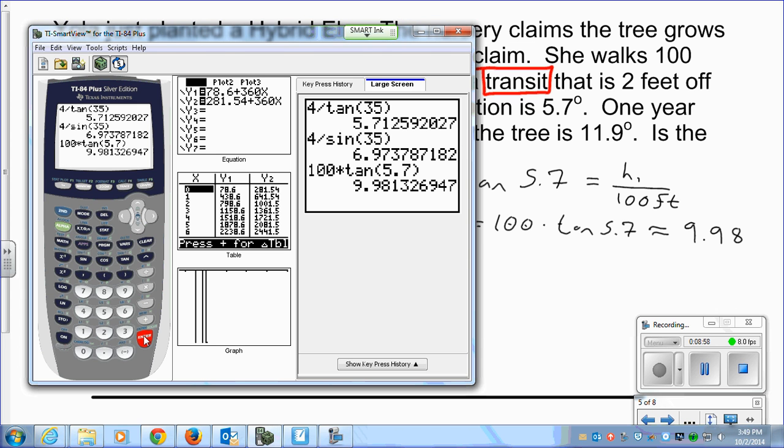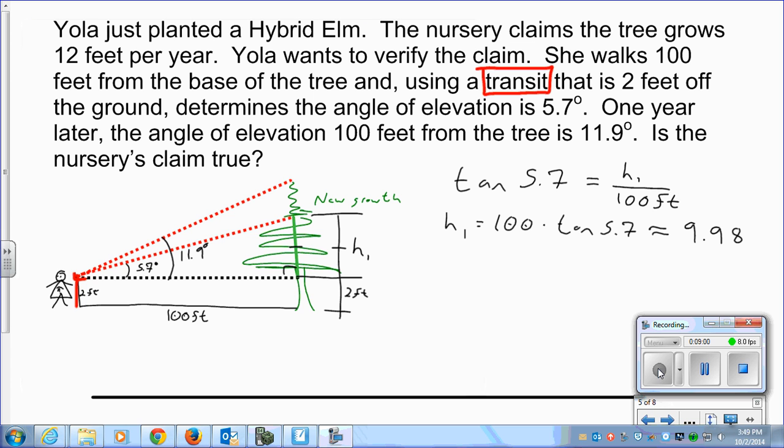Alright, so next, to see if we actually grew it, now I have to find this height, which is H2.